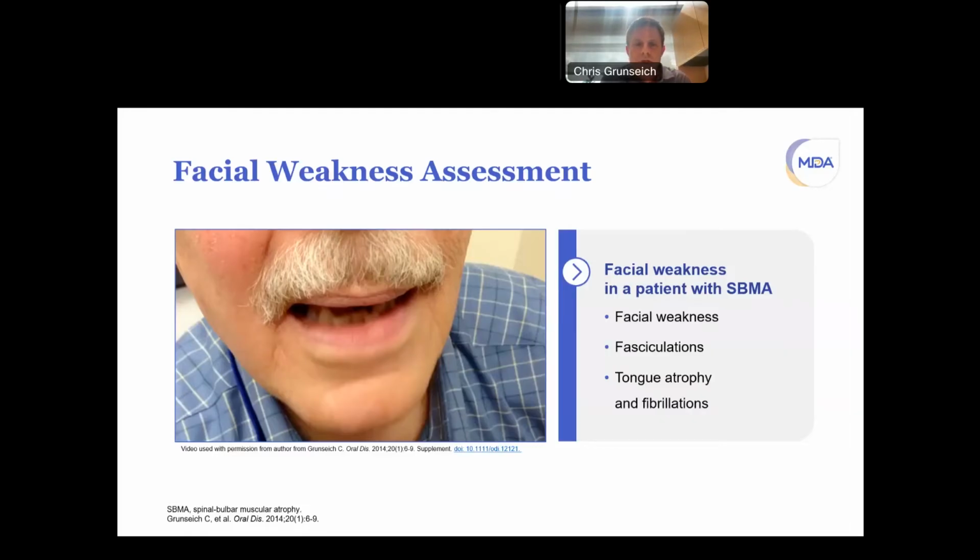And this video does an excellent job in showing how the muscle in the tongue can also be affected. We can see atrophic changes in the tongue and also fibrillations, a sign that there's denervation, that the nerve going to the muscle is being impacted, and there's the fibrillation of the muscle as a consequence.